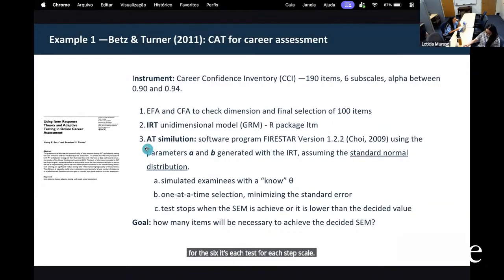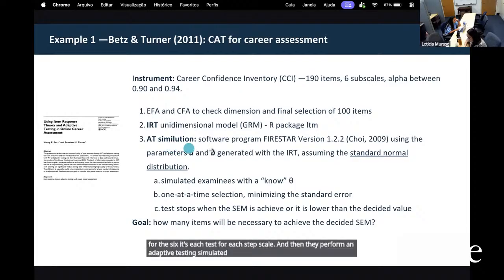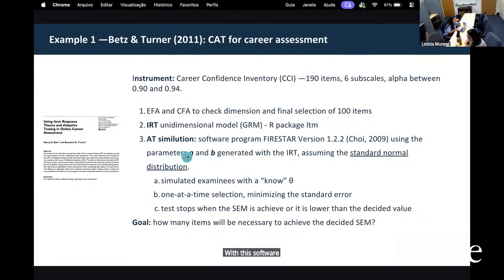Then they performed an adaptive testing simulation with this software, using the parameters a and b generated with the previous IRT, assuming a standard normal distribution.